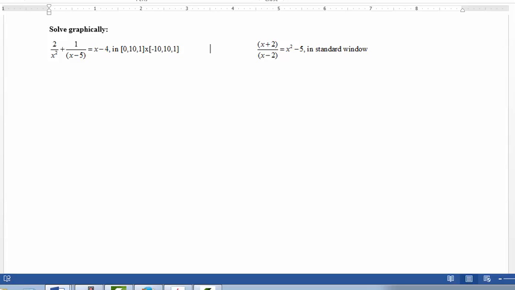Solving graphically always means take one side of the equation and enter it into the calculator as y1, and take the other side of the equation and enter it into the calculator as y2, and then just find the intersection points. And I give you the window.